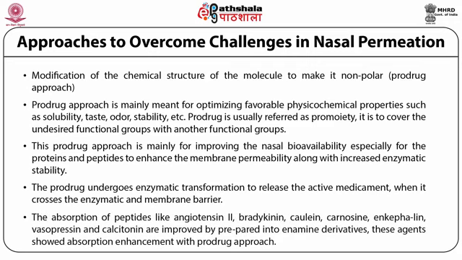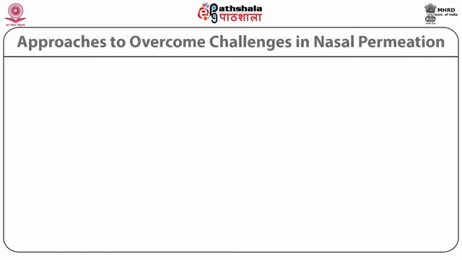The absorption of peptides like angiotensin II, bradykinin, choline, carnosine, enkephalin, vasopressin, and calcitonin is improved by preparation into enamine derivatives. These agents show improved absorption with the prodrug approach.